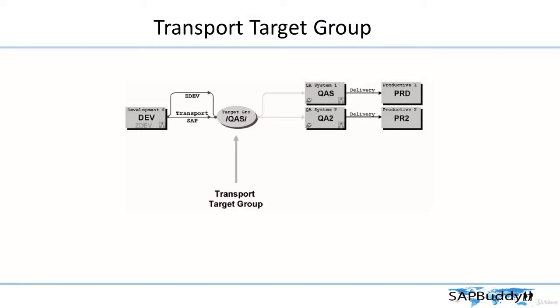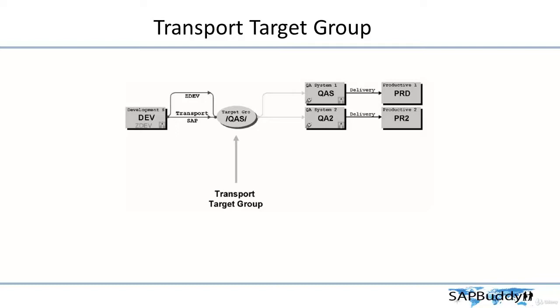Go back. So now let us see what is a target group. So far what we have seen is a standard SAP landscape using the standard configuration, which has only a 3 system landscape. Let's assume that your system landscape is quite wider than a 3 system landscape.